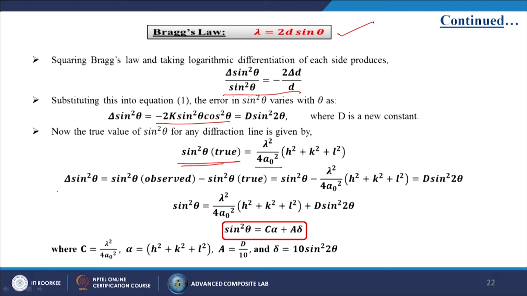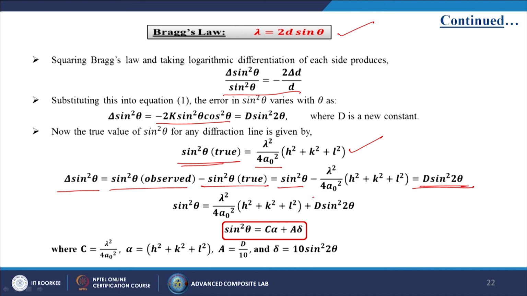If we substitute del sin square theta equal to sin square theta observed minus sin square theta true, we get capital D sin square 2 theta. So, sin square theta is equal to lambda square by 4 a naught square into h square plus k square plus l square, plus D sin square 2 theta.